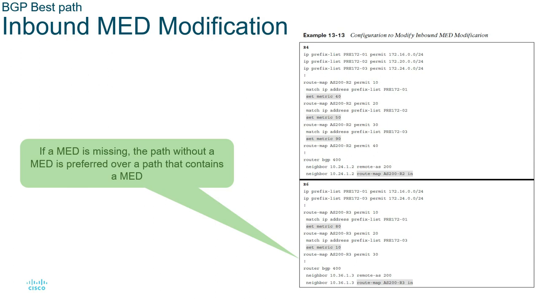So dalam case ISP, mungkin kita set MED hanya untuk dua path daripada ISP yang sama, because that's the behavior when we compare the MED.